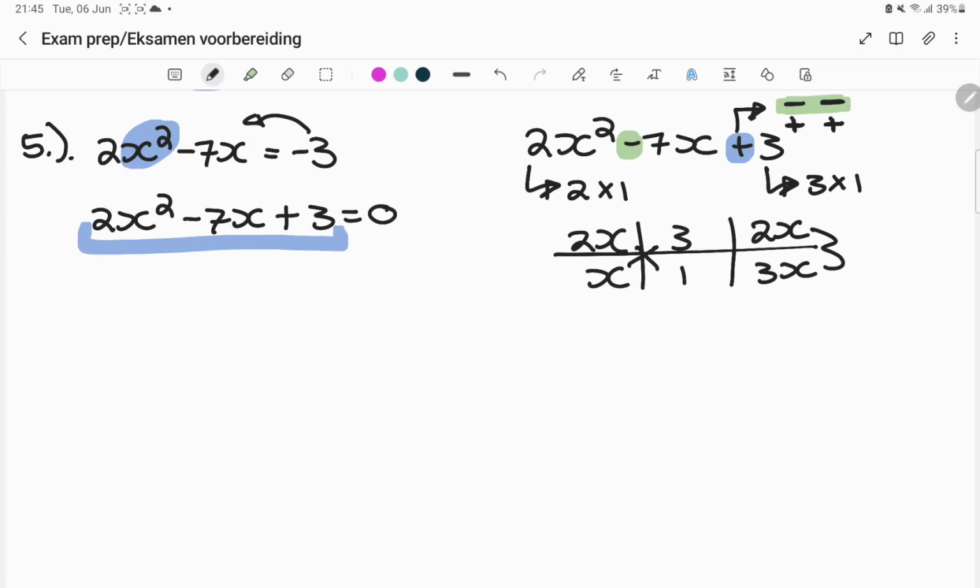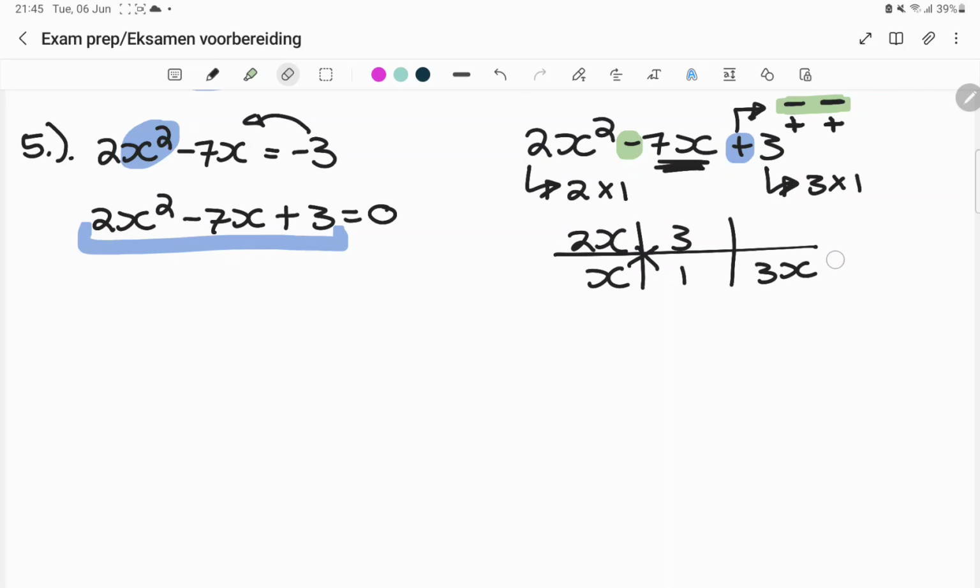Now remember, both terms have to be negative. So negative 2x minus 3x will give me negative 5x. However, I am looking for negative 7x. So we know that this combination does not work.